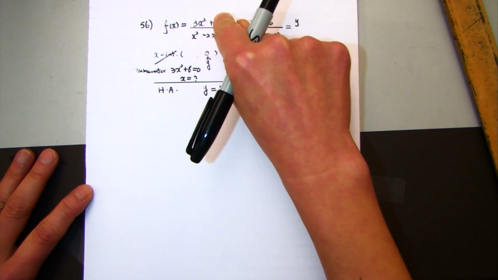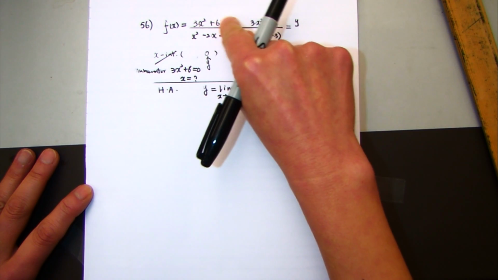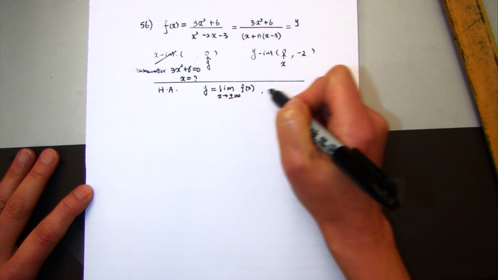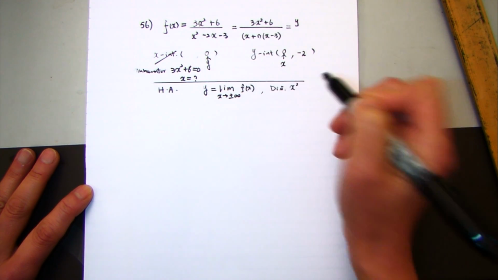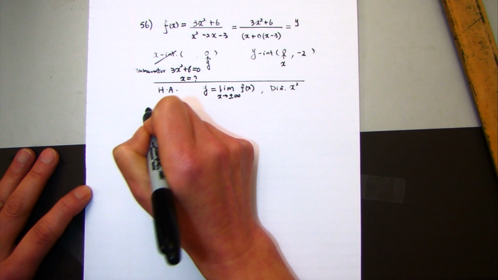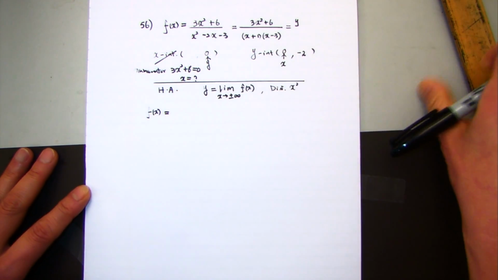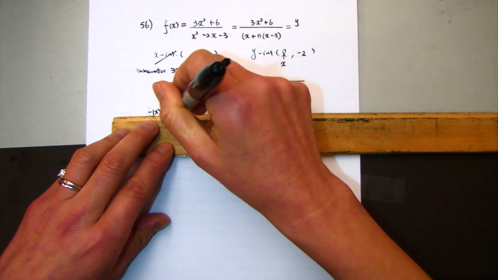Typically, we divide the numerator and denominator by the highest term, which is x squared in this case. So let's lay it out. Grab your rational function, with numerator and denominator divided by x squared.